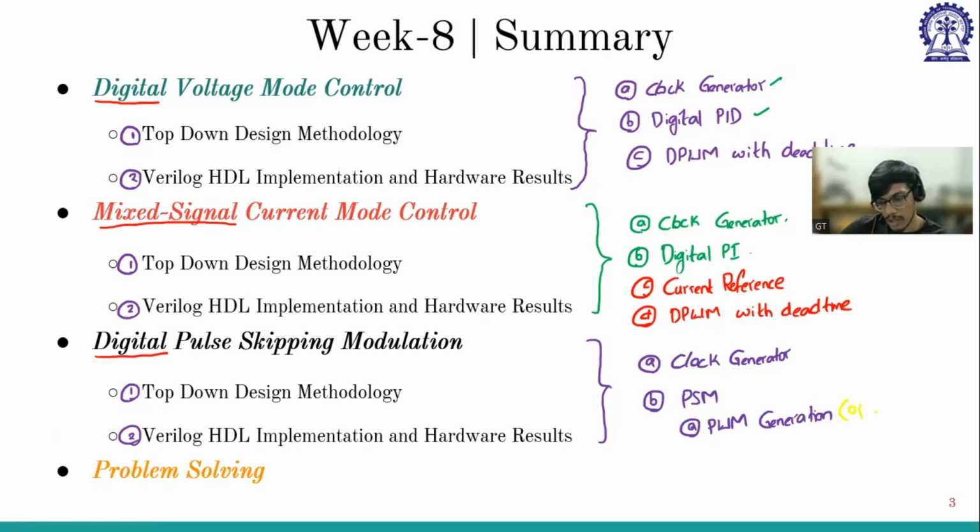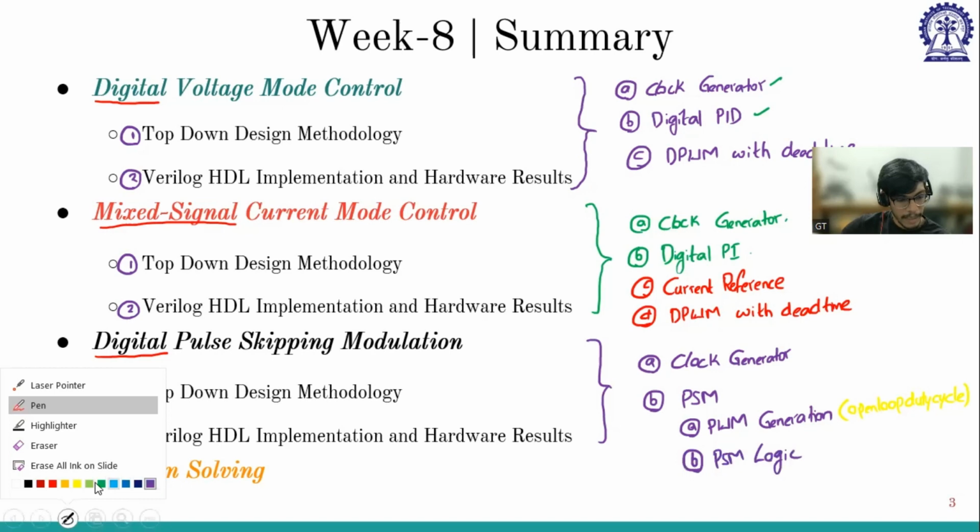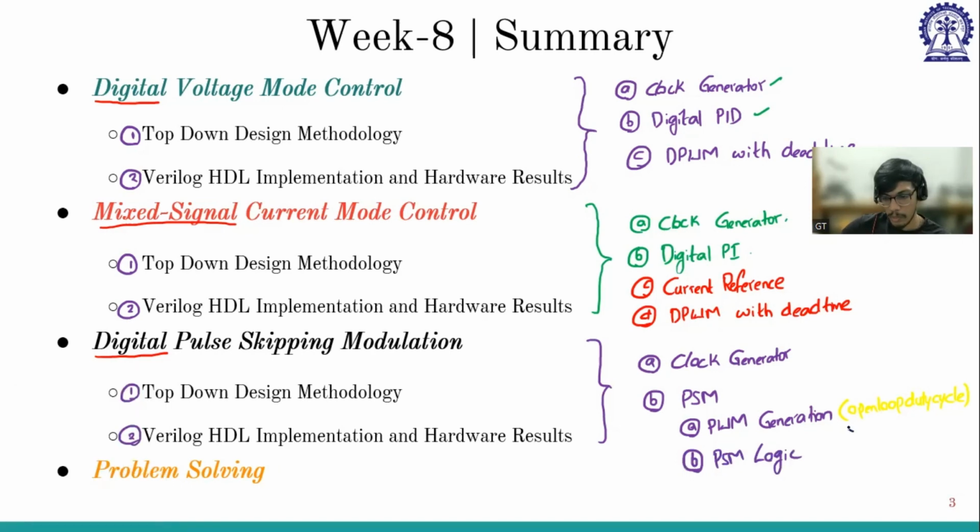The duty cycle is fixed, and depending upon the closed loop, it will be either a charge pulse or a skip pulse. Who decides whether it is a charge pulse or skip pulse? That is decided by the PSM logic. This duty ratio is always fixed by the user, but the logic decides whether it is a charge pulse or skip pulse.